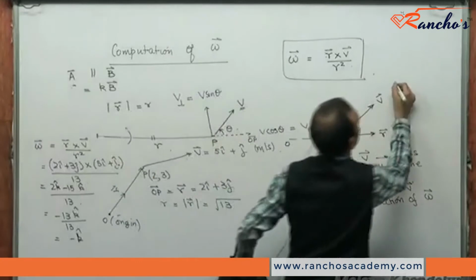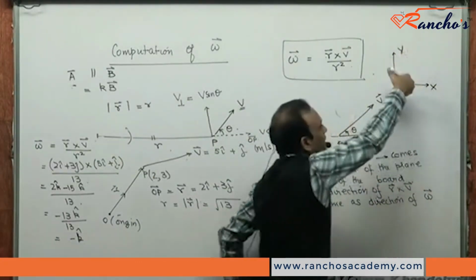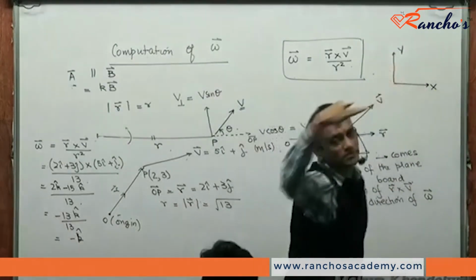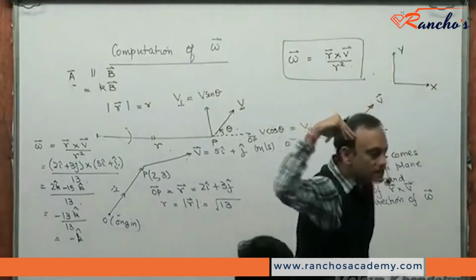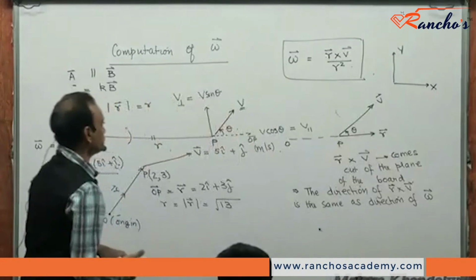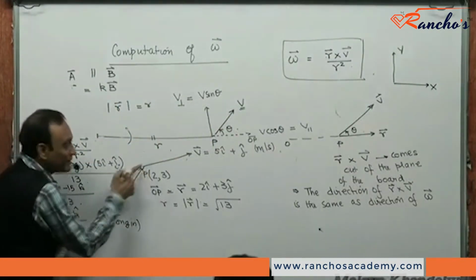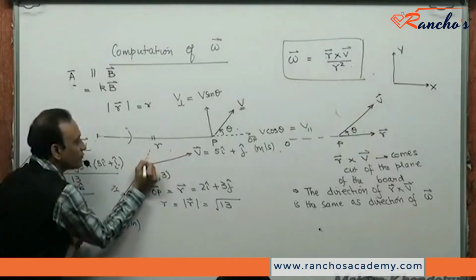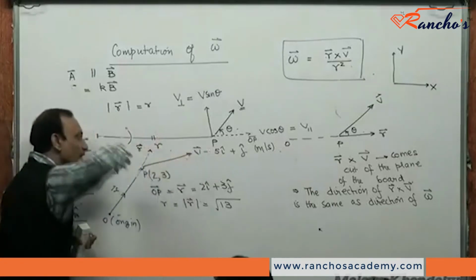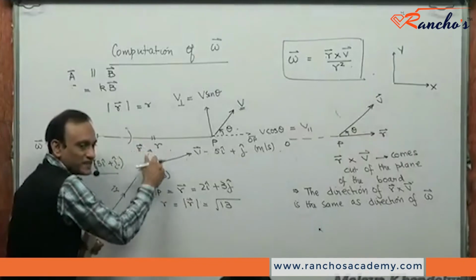So it depends. Suppose this was my x-axis, this was my y-axis. So x cross y will give me z. In this case, if this was my x and this was my y, z comes out of the plane of the board. So in this case, minus z would be into the plane of the board. So you can also see, this is r, this is v, this is the direction of r, this is the direction of v, and do you realize r cross v goes into the plane of the board, which is the negative z direction, right?